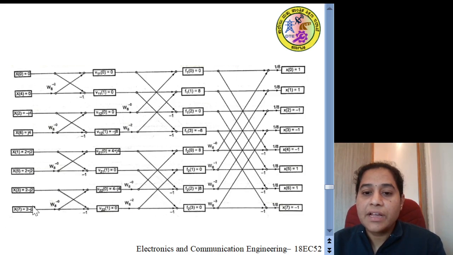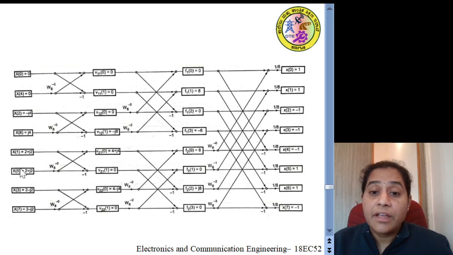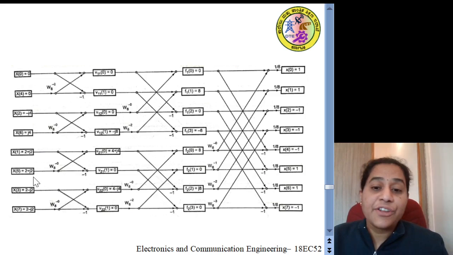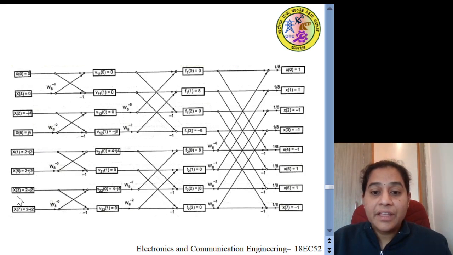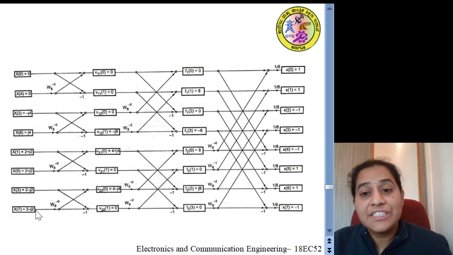So, input we are considering in bit reversal order. X of 0 is equal to 0, X of 4 is equal to 0, X of 2 is equal to minus j4, X of 6 is equal to j4, X of 1 is equal to 2 plus j2, X of 5 is equal to 2 plus j2, X of 3 is equal to 2 minus j2, X of 7 is equal to 2 minus j2.